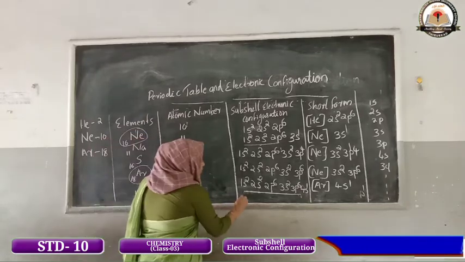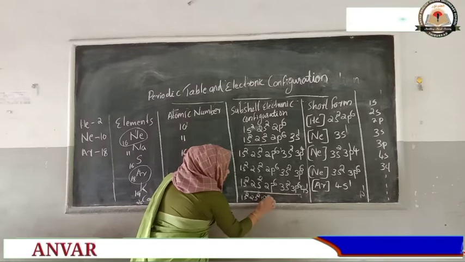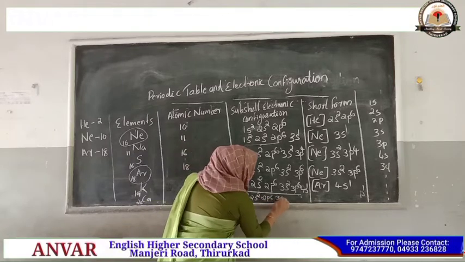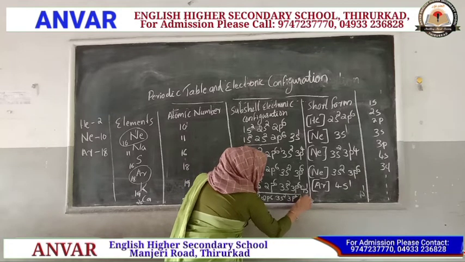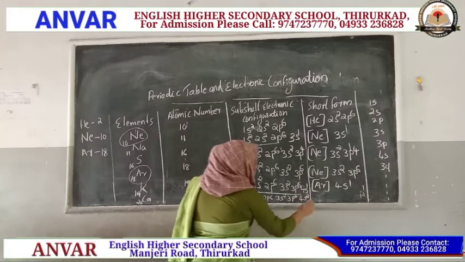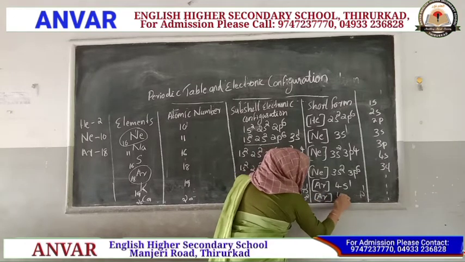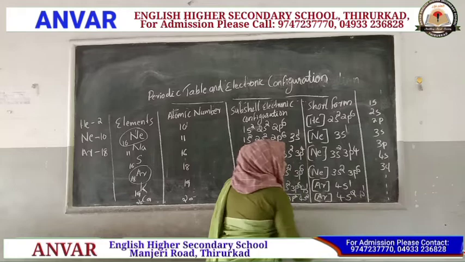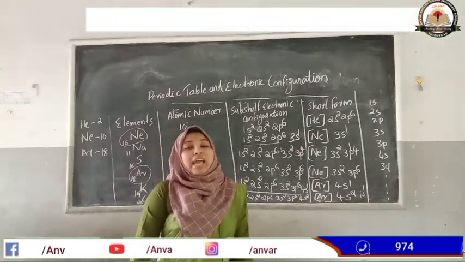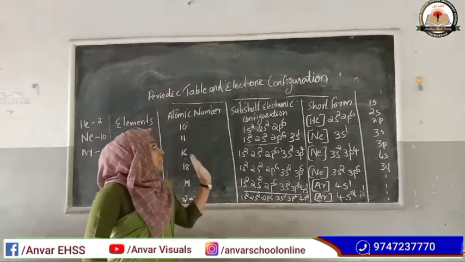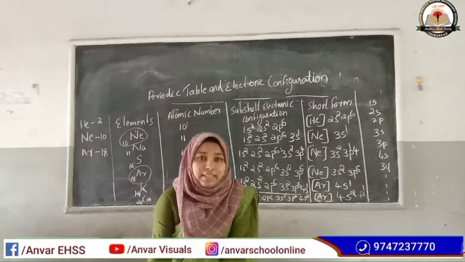Next, calcium: 1s2, 2s2, 2p6, 3s2, 3p6, 4s2. We represent it in short form as argon square bracket 4s2. This is the shortest form of the subshell electronic configuration. All of you understand that?